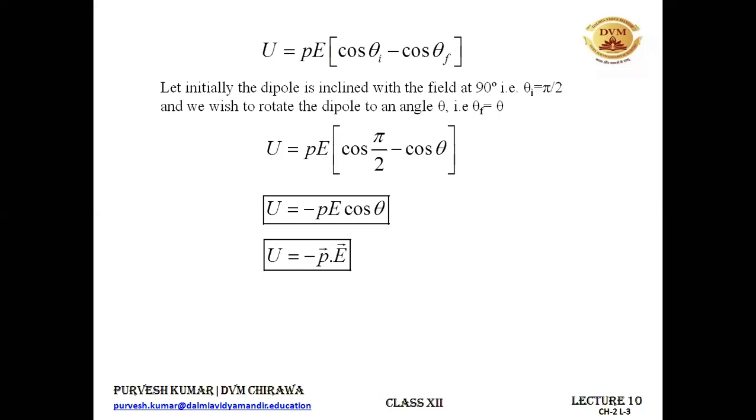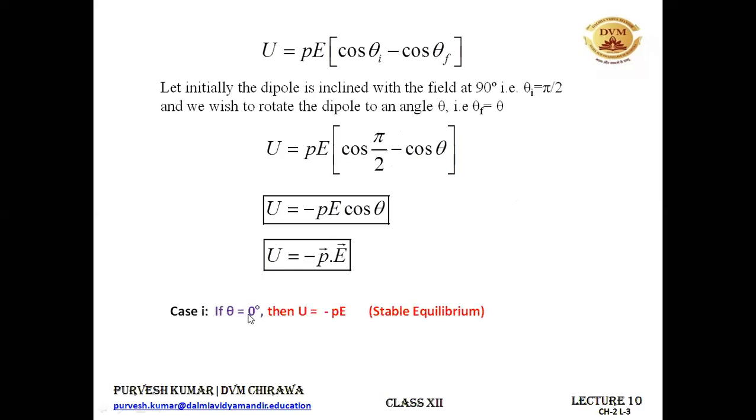Now there are three possibilities based on this angle. All right. So what we can do? Either we can rotate the dipole, okay, anti-clockwise or clockwise. So let's see them. Three possibilities are there.